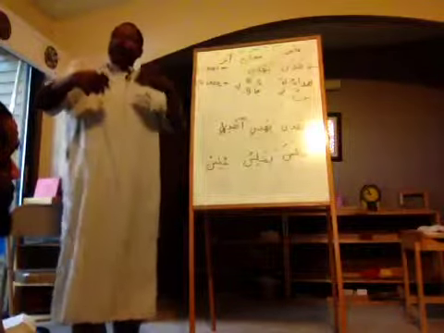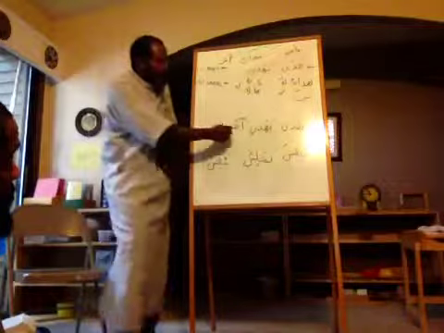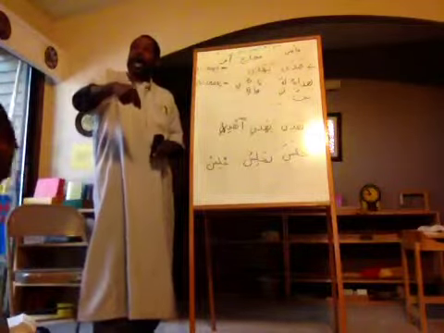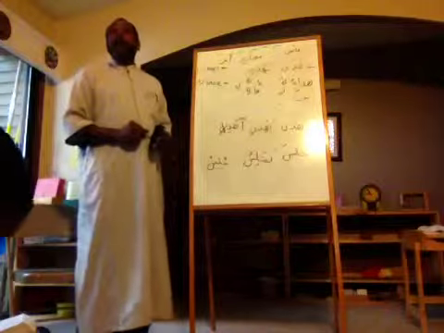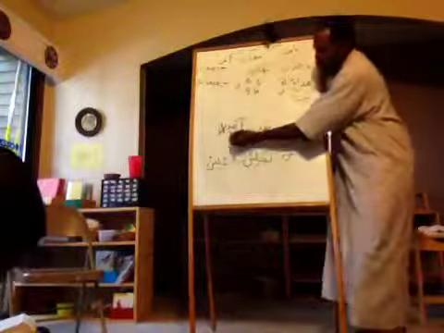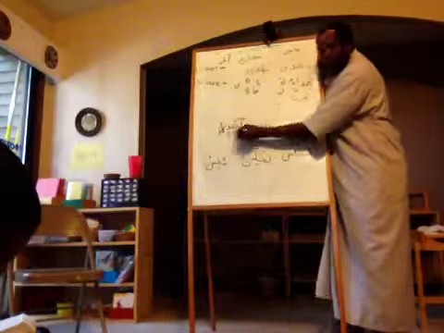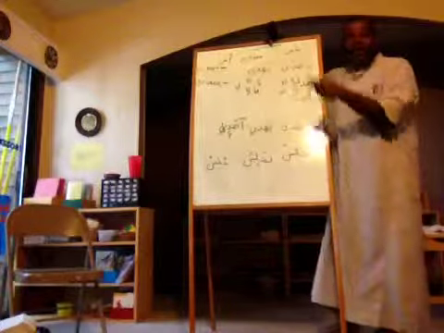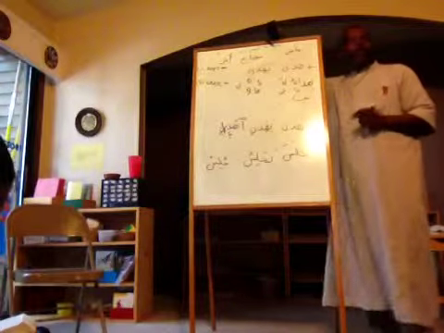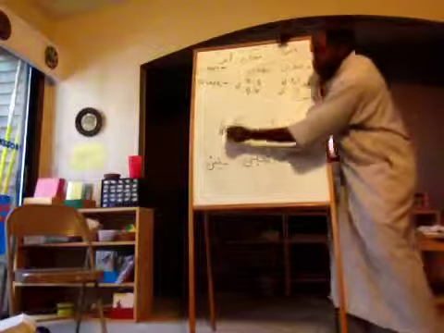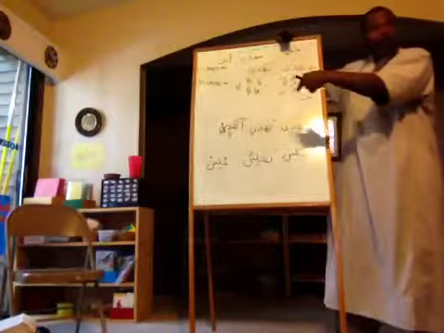But if it's a verb that ends in a long vowel, you remove the long vowel itself. And then the word itself, look, that's why the kesra is retained. Ihdi is the imperative. So you pronounce it with that kesra. We removed the long vowel, that's made mabni on sukoon.